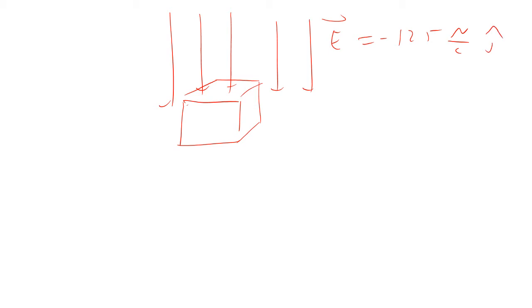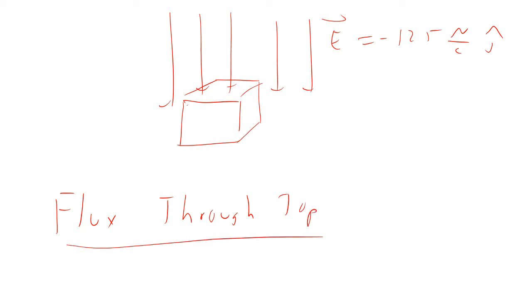And I want to know what is the flux through the top of the cube. What's the electric flux at the top of the cube? Well, that's pretty straightforward. It's going in, so that really should be negative.